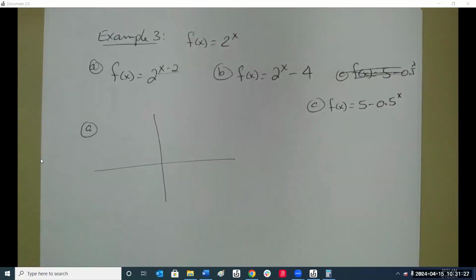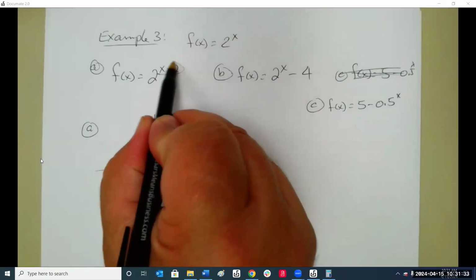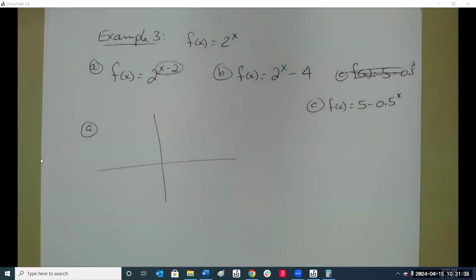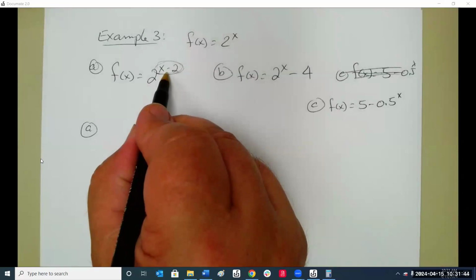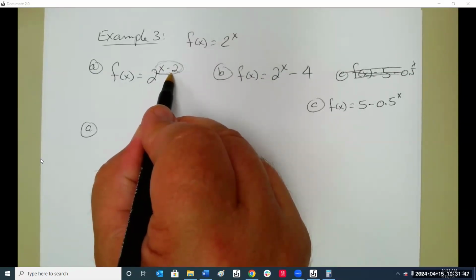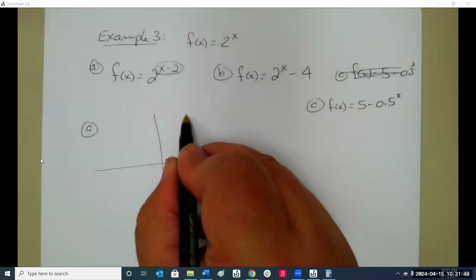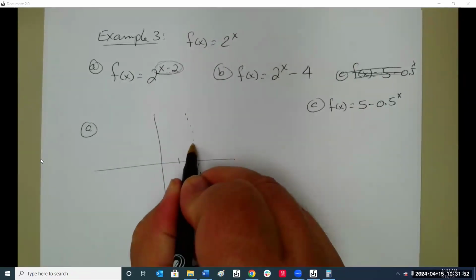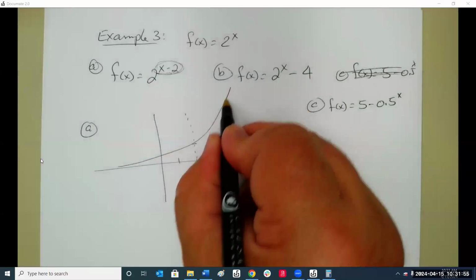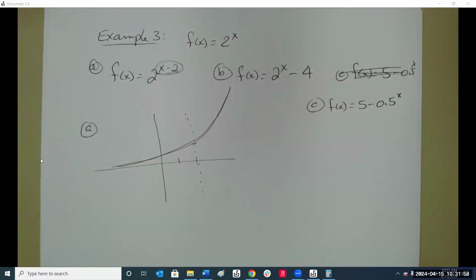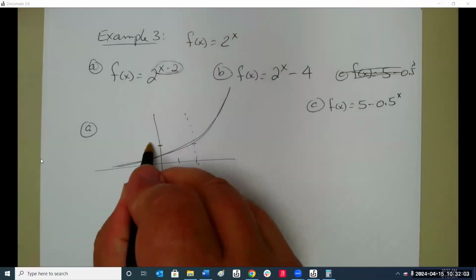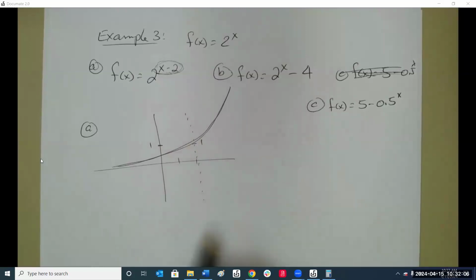Is it vertical? Is it a compression? Is it an expansion? Since before we do anything with the function, we change x, that makes it what kind of shift? Horizontal. So it shifts to the right 2 spaces. This is my original. It crosses at 1. It just shifts over 2 spaces to the right. The whole graph does.